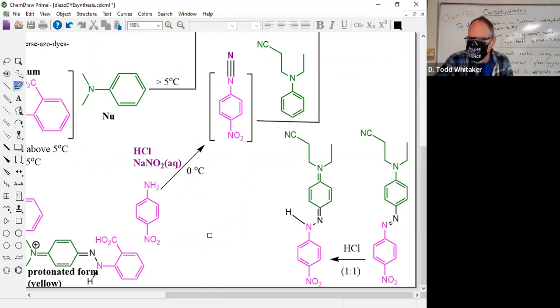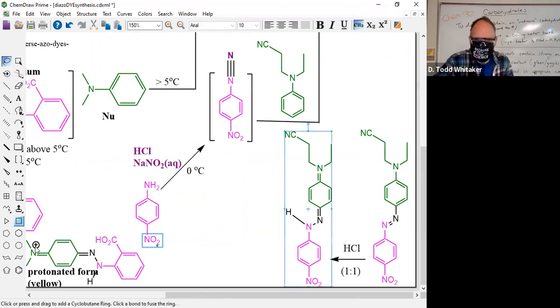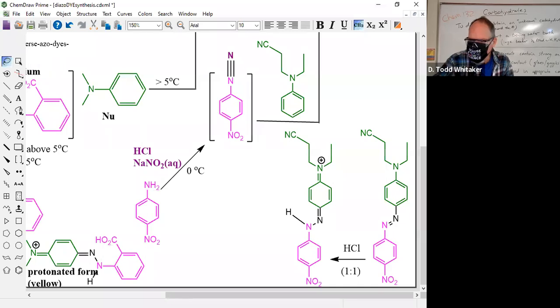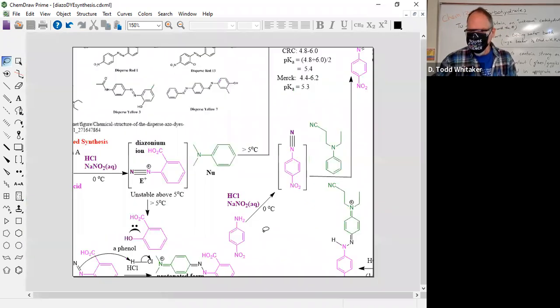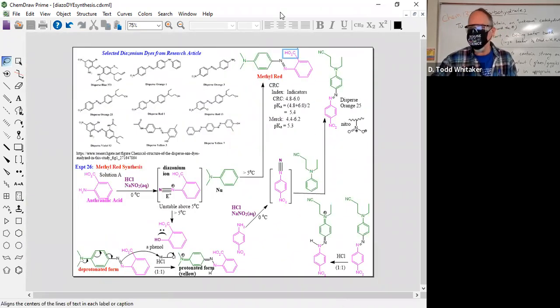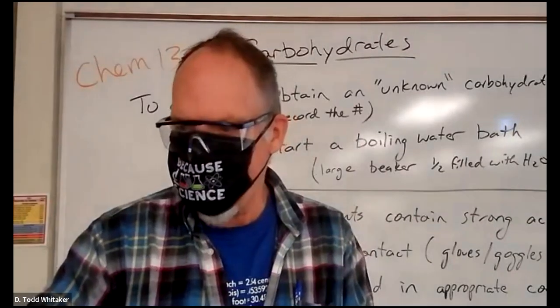And where's the plus charge on that one? Yeah, the former nucleophile. I like that. It was a nucleophile towards a proton, so it's a base. And here's the conjugate acid. We good? So that'll be your document, and that's all we got for today.